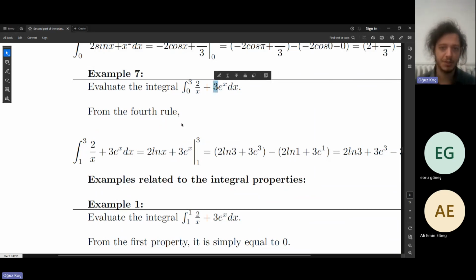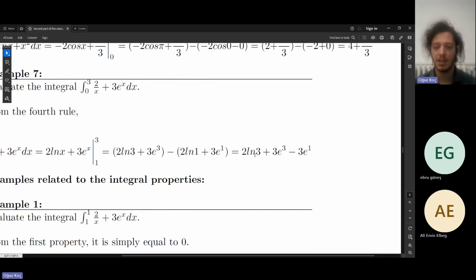Therefore, with the coefficient, it becomes 3 times e to the x. And for the limit points, it just comes 2 times natural logarithm of 3 plus 3 times e to the third power minus 3 times e here.